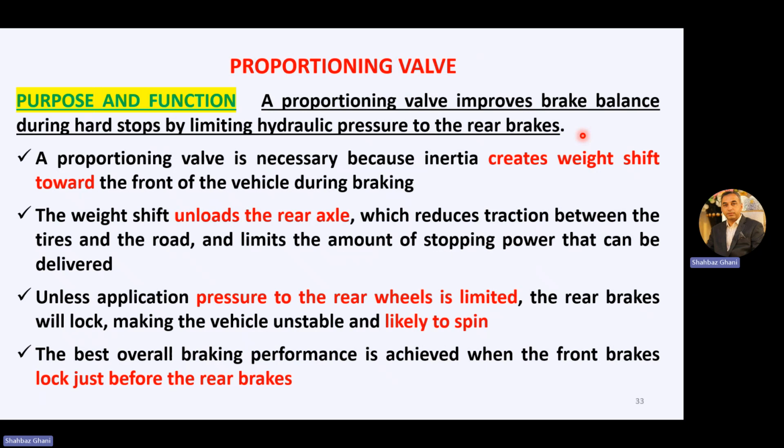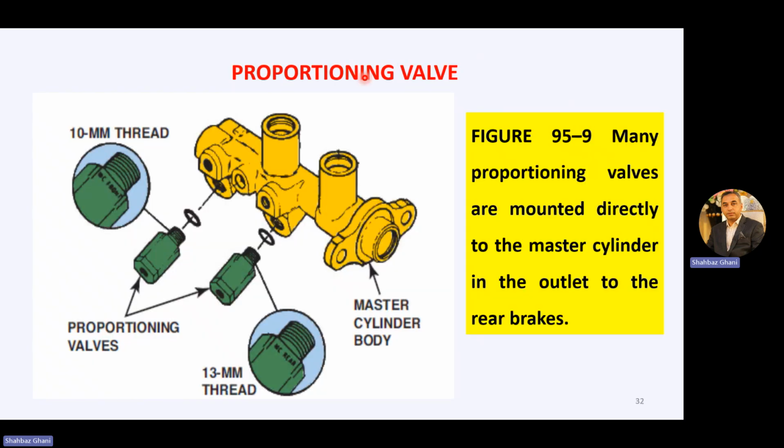Let's imagine you are moving at a high speed and we apply the brake. The master cylinder has no difference in the outlet thread diameter; it is the same. The fluid pressure develops here and goes to the front and the rear.